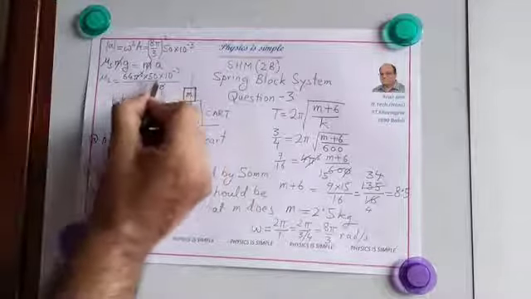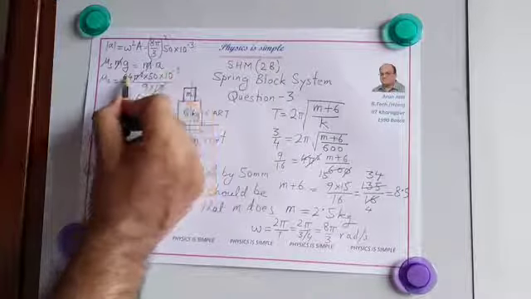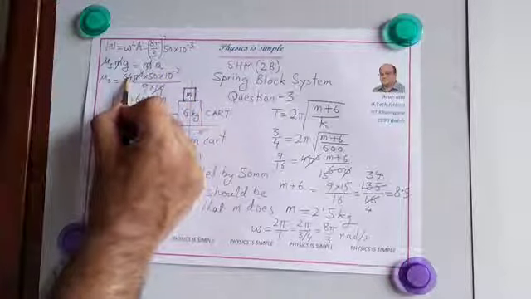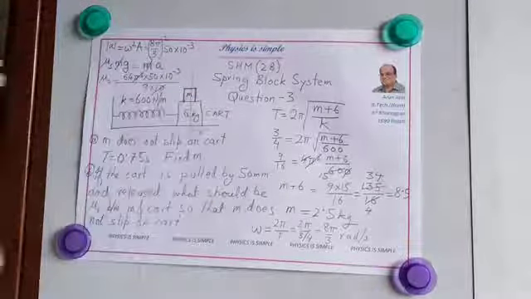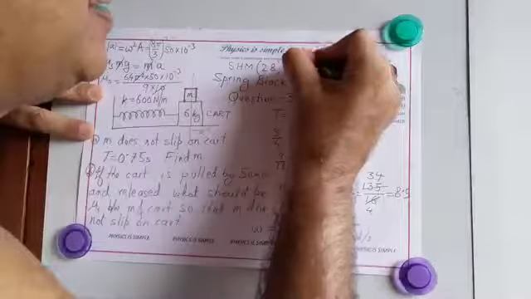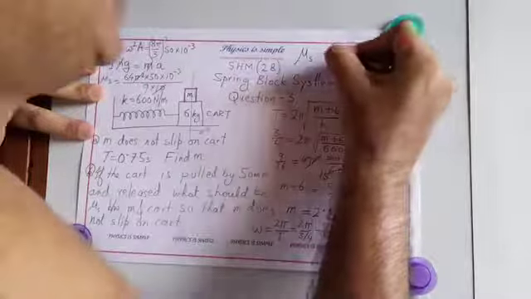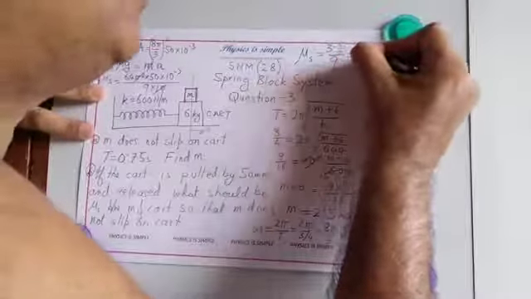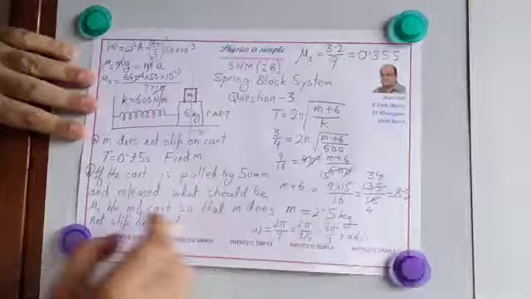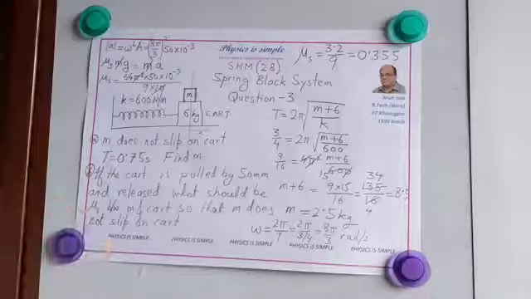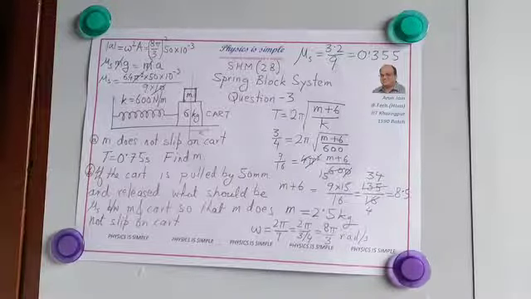And that if you multiply by 10 to the power minus 3, we'll get 3.2. So basically 3.2 by 9. So mu s is 3.2 divided by 9, and that gives us 0.355. So this is the coefficient of static friction required between the mass m and the cart.